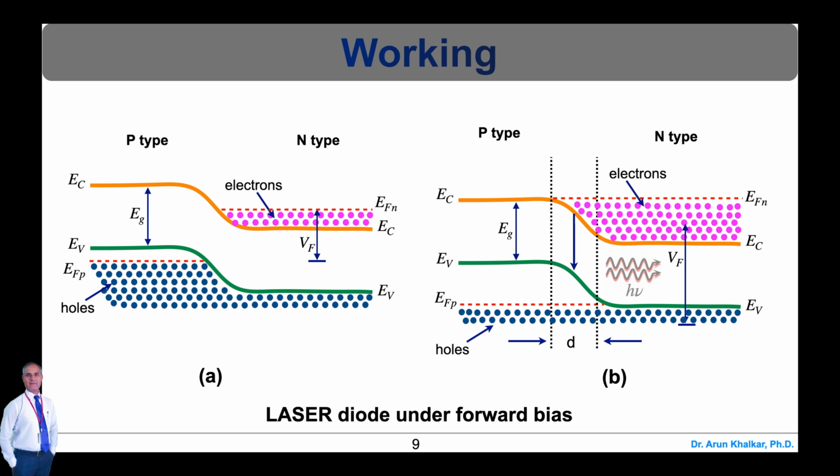The spontaneous photons propagating in the junction plane stimulate the conduction electrons to jump into the vacant states of the valence band. This stimulated electron-hole recombination produces coherent radiation. For example, a gallium arsenide laser emits light at a wavelength of 9000 angstrom in the infrared region. This is how the lasing action happens in the semiconductor laser.